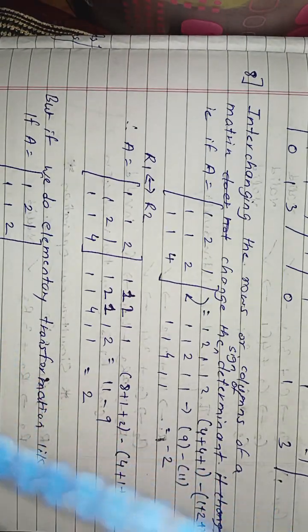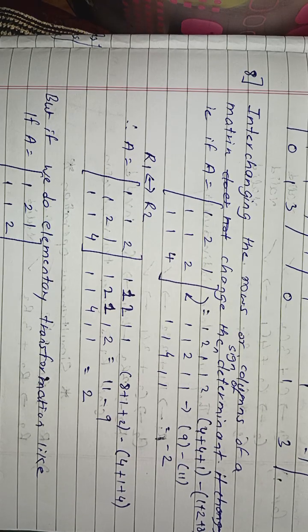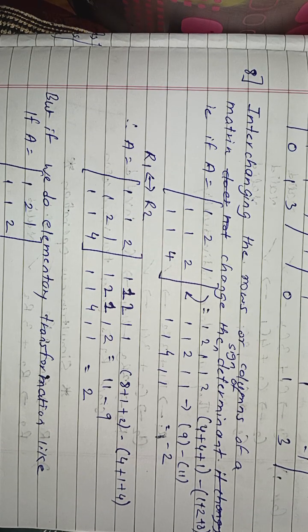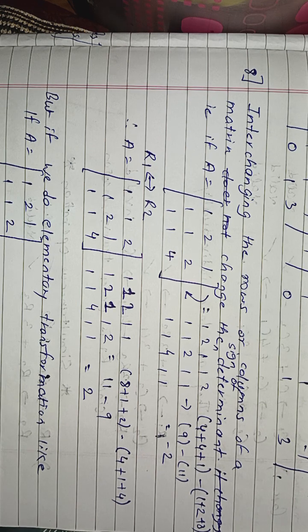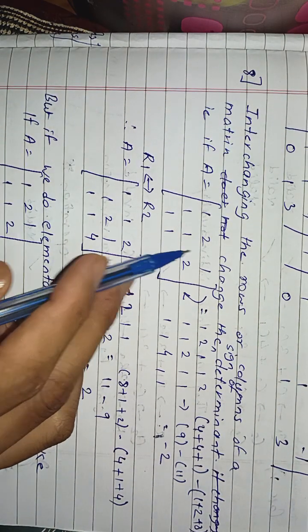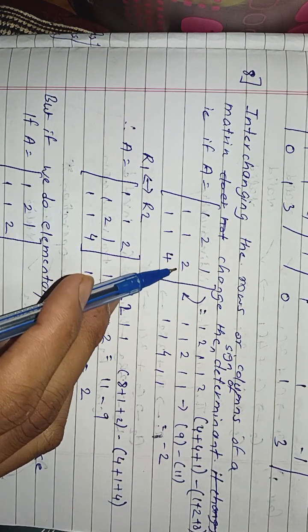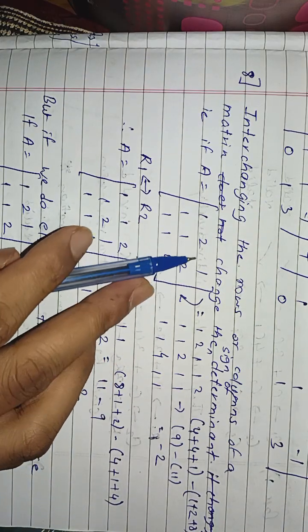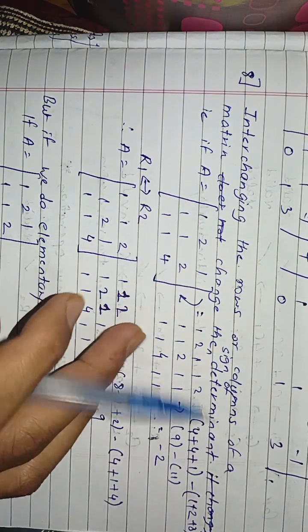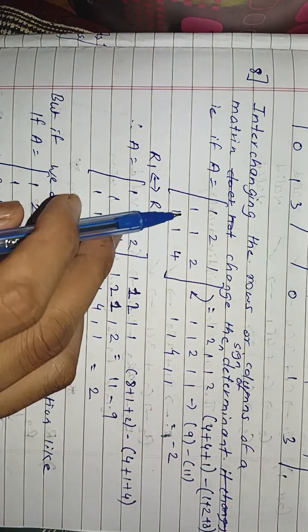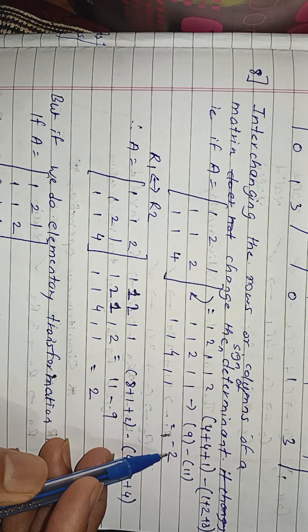So the next property is: interchanging the rows or columns of a matrix changes the sign of the determinant. Meaning if you interchange rows and calculate the determinant, the value will be the same as without interchanging, only the sign will differ. Here I calculated the determinant and got minus 2.